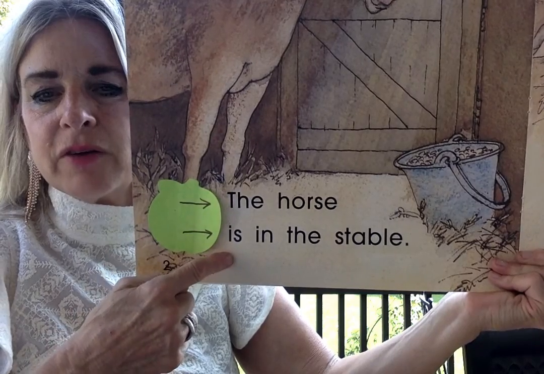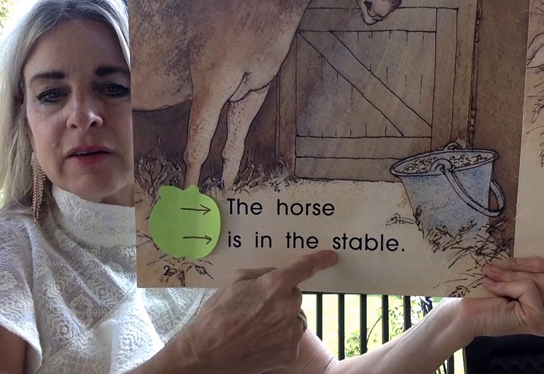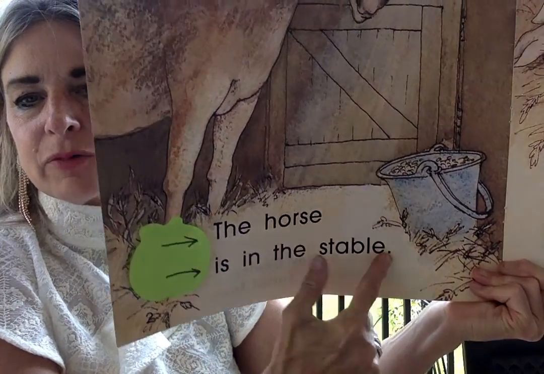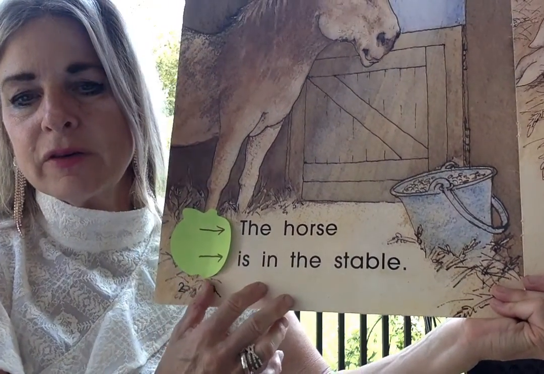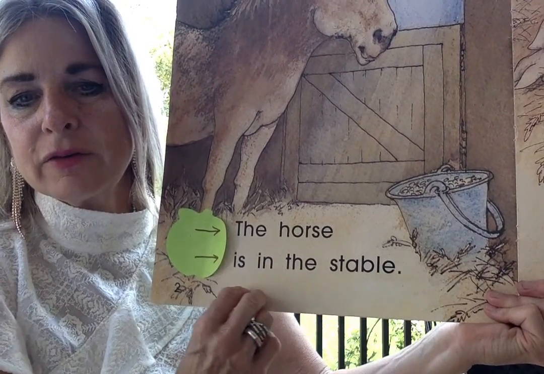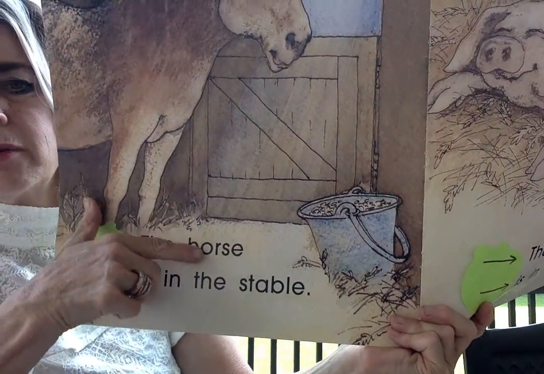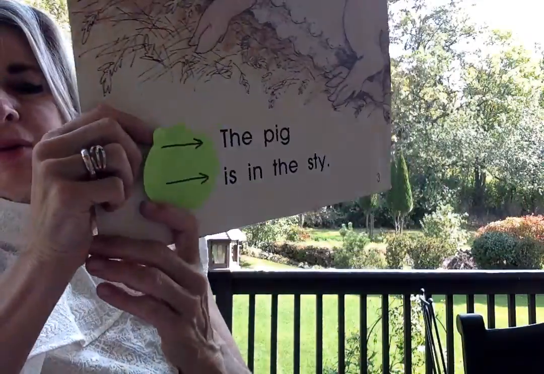So I put my finger under it and I read this way. And that's the end. There's a mark that says stop. There's no more print. Because if I look down here, there's no more text. So I'm all done. So I'm going to go that way onto this page.